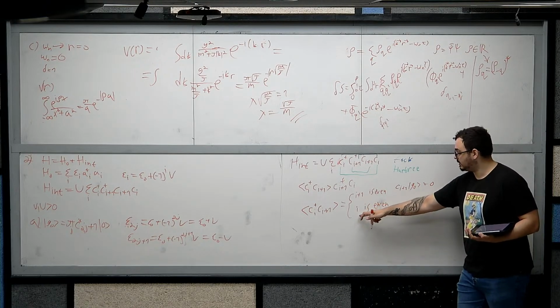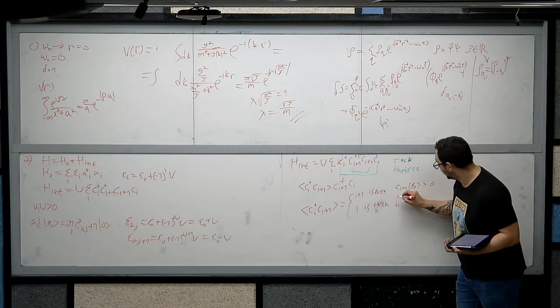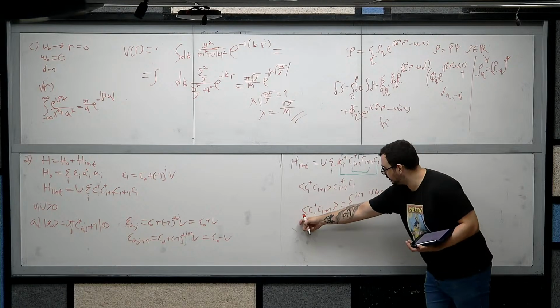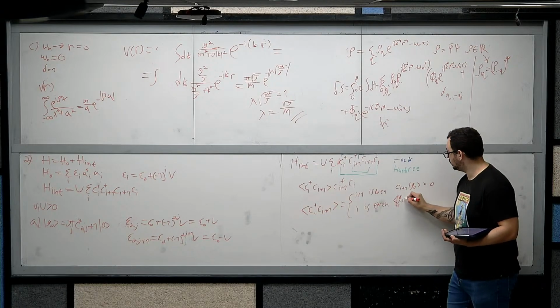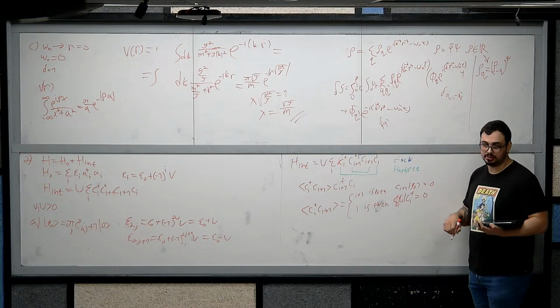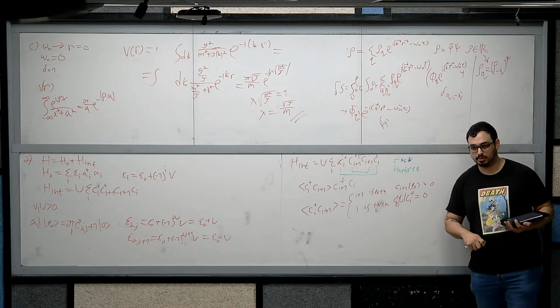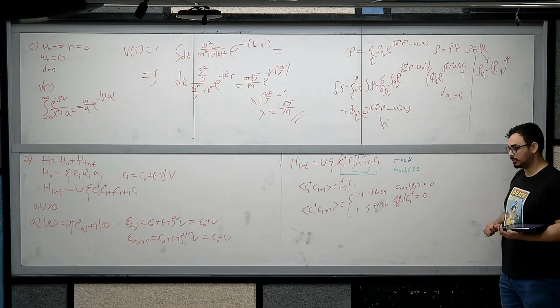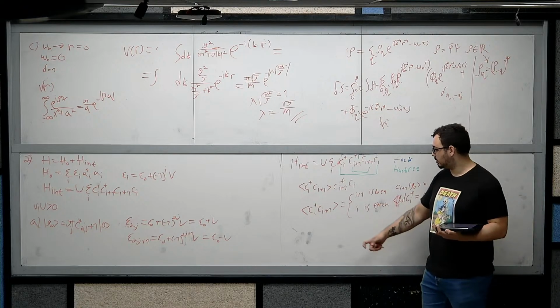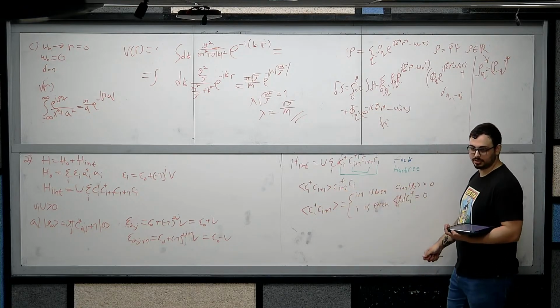And when I itself is even, Ci dagger also equals 0, because we don't have electrons in our even states. This term will always be 0, and therefore also the conjugate of the same term will also be 0.